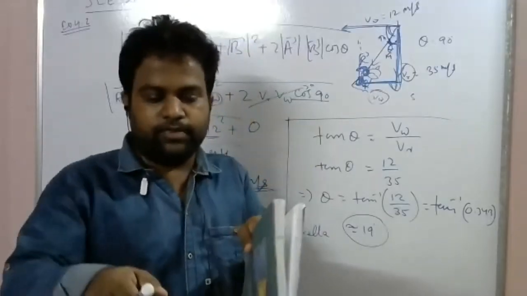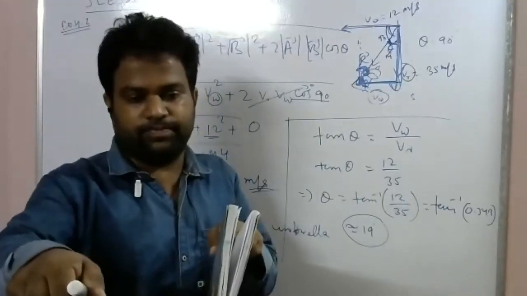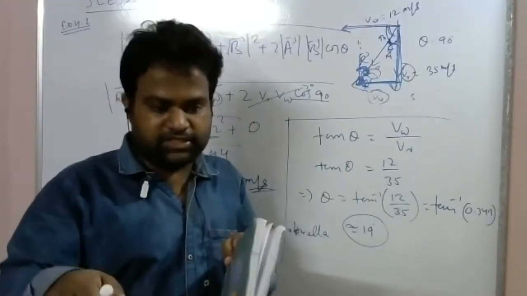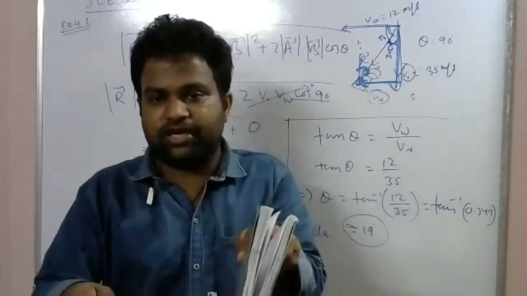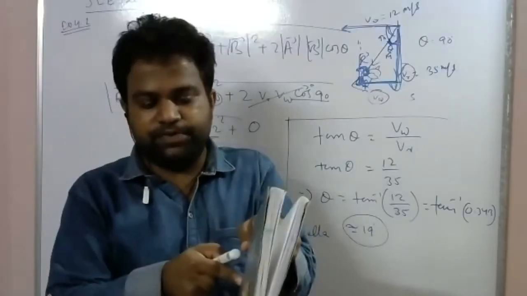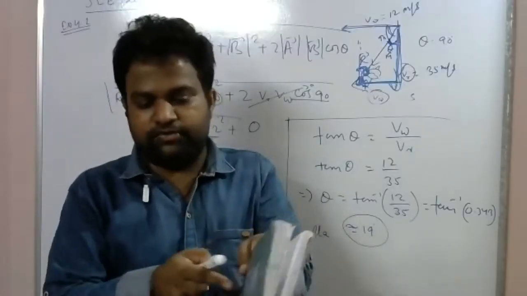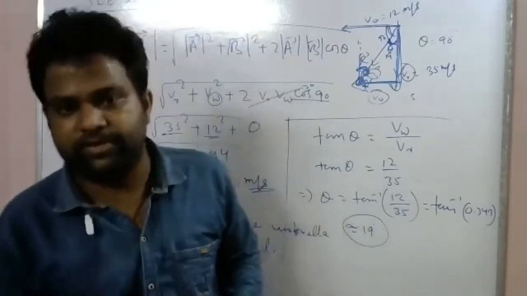Both are moving, so the second car will cross the first car. If the first car is moving at 40 and the second car at 30 km per hour, now the first car will cross the second car. So if I ask what is the relative speed of the first car with respect to the second car, we write VA minus VB. This is the concept of relative velocity.